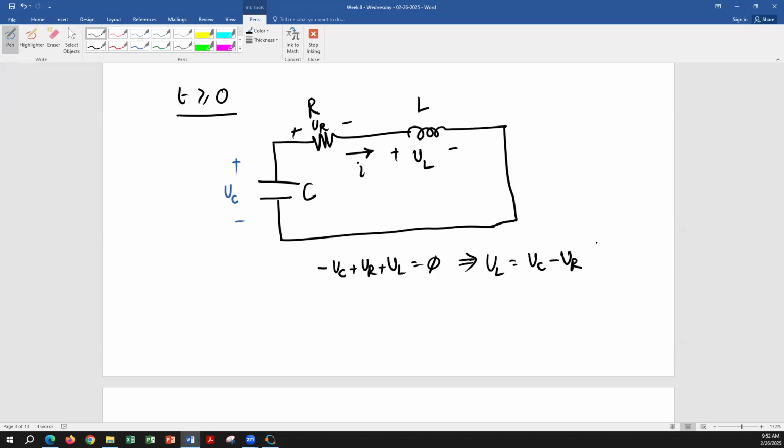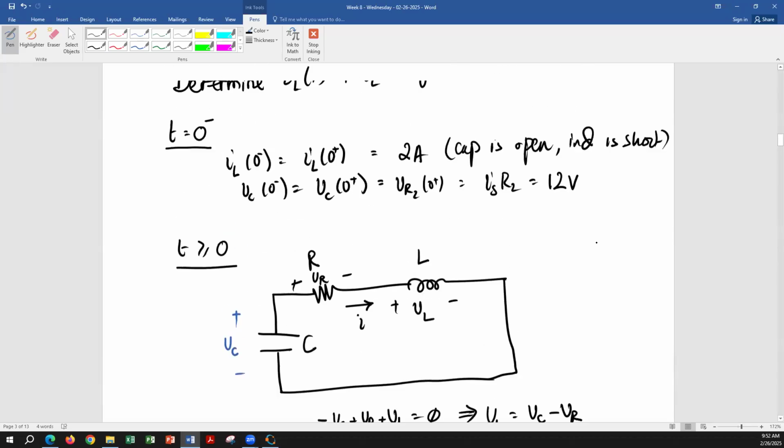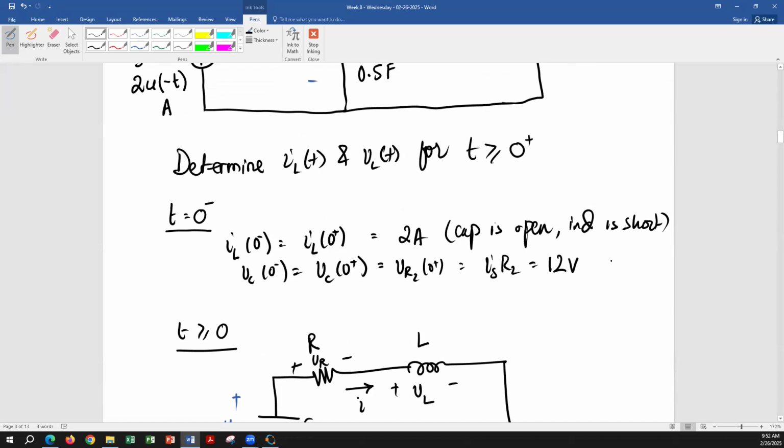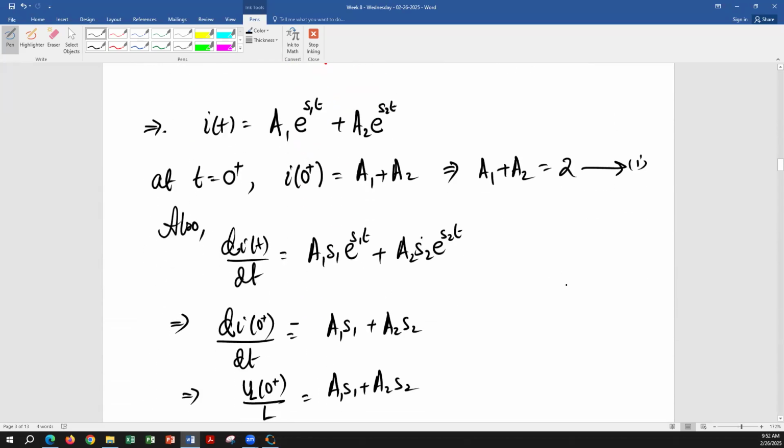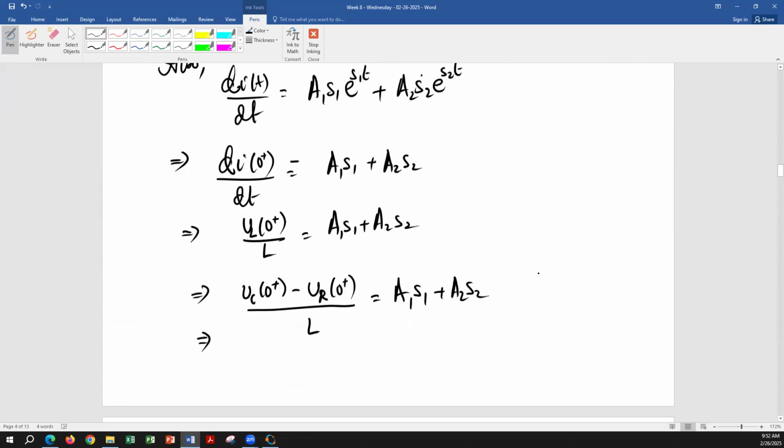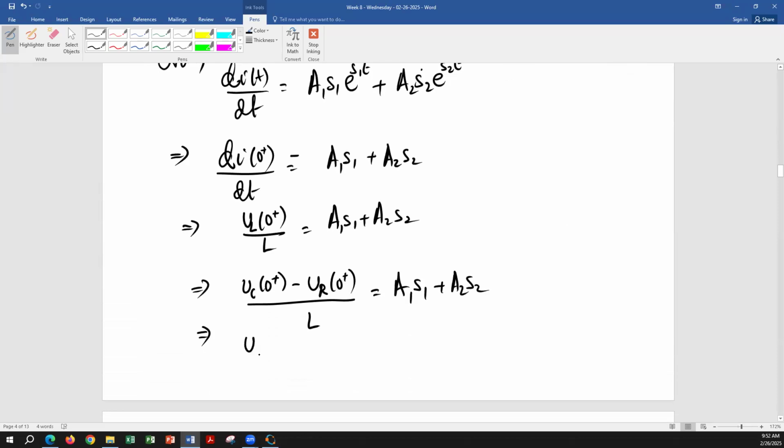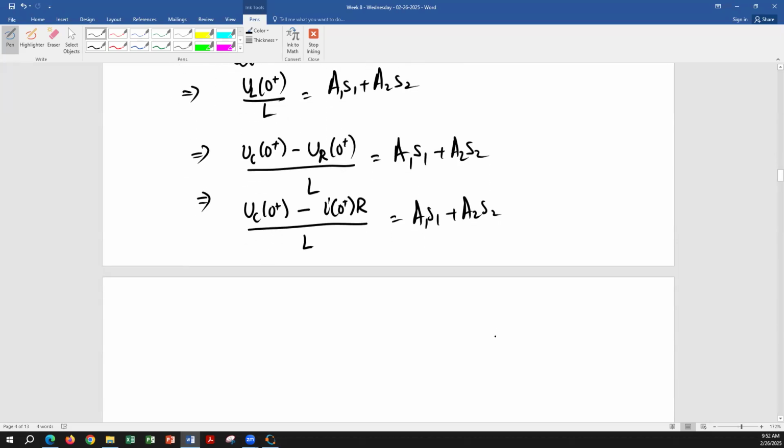And we know what current is passing through the resistor at 0 positive because we calculated that current is 2 ampere. So we can easily write that equation down as again V_C(0+) minus I(0+) times R over L equals A1 s1 plus A2 s2. And that will be our equation number 2.